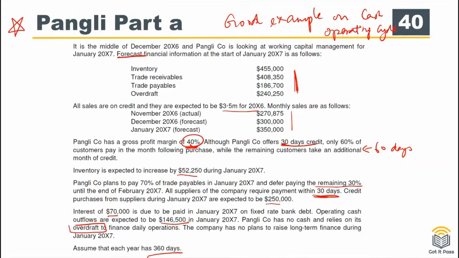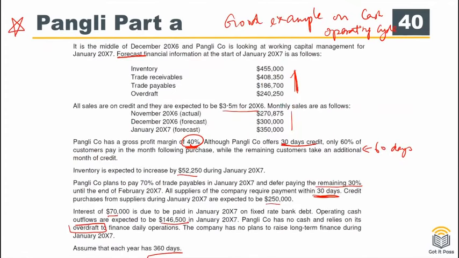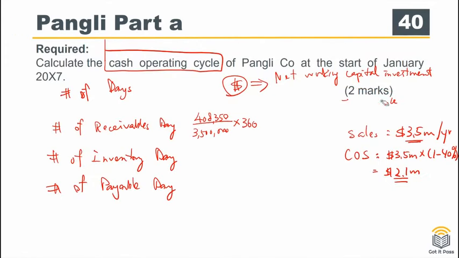You can see that at the start of January, trade receivables are $408,350. This number divided by 3.5 million, times how many days? 360 days, right? So the receivable days are 42 days.